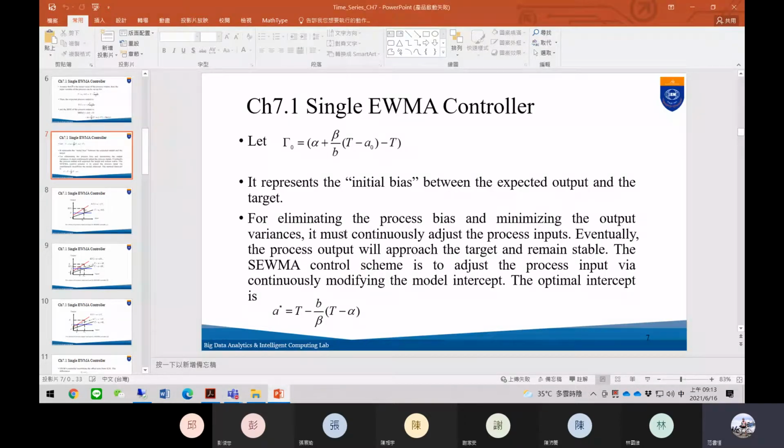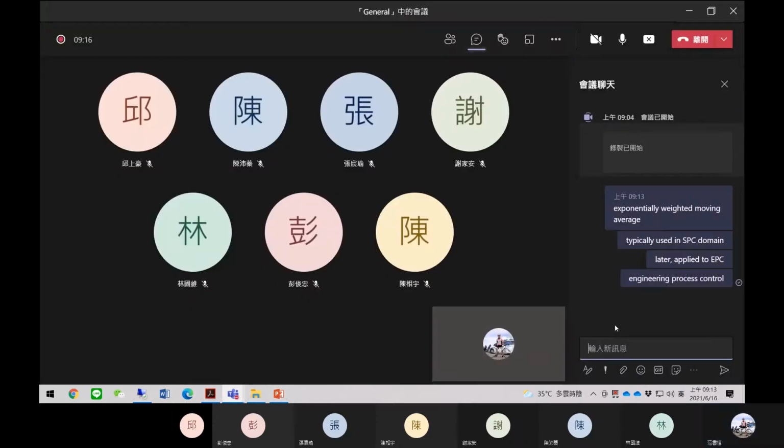So this is gamma 0. A0 is the initial intercept, the initial estimate of the intercept.